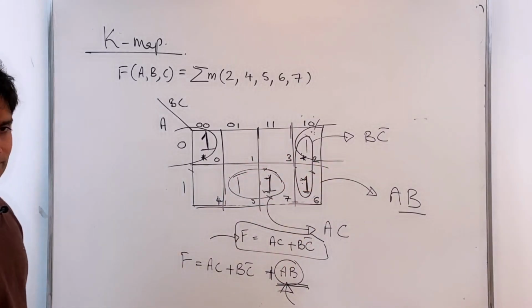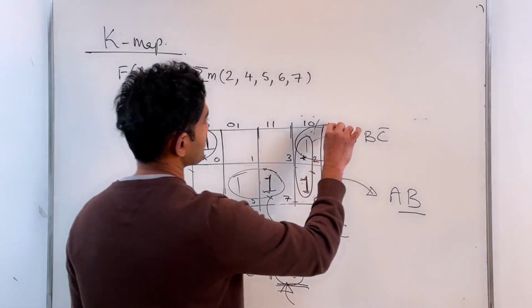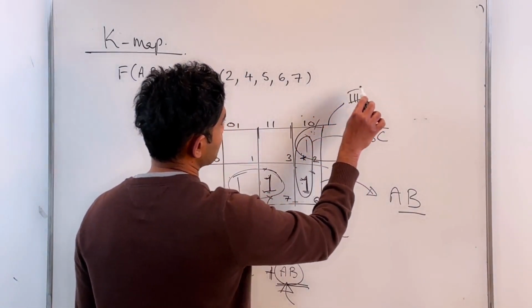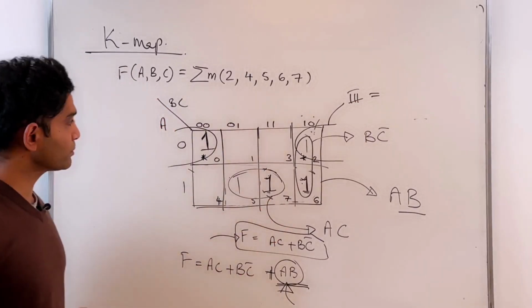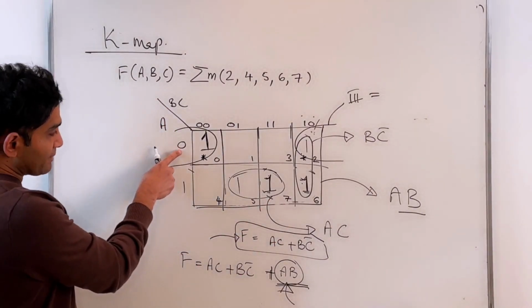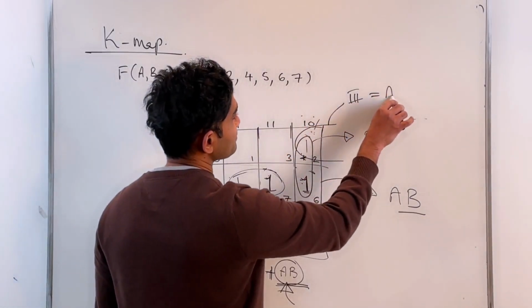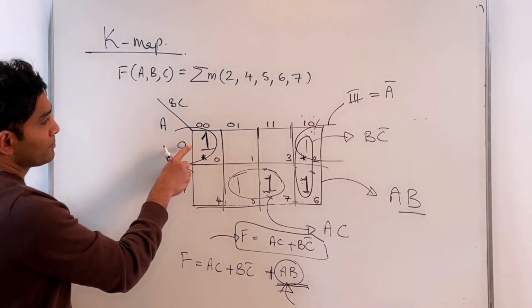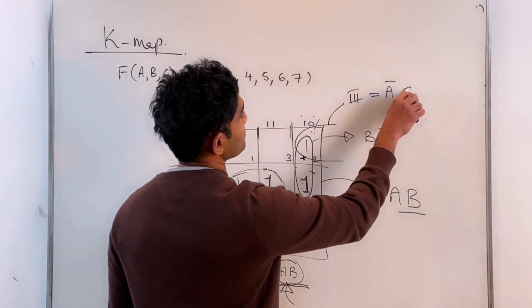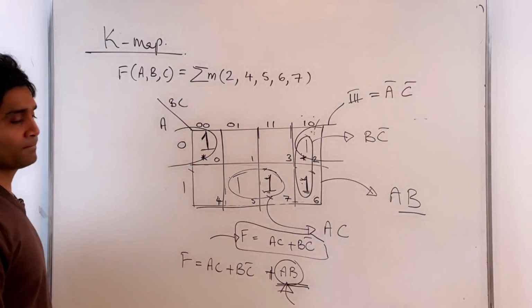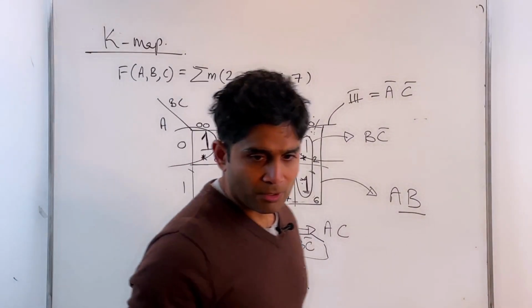Okay. Then let me call that 3. What is the product term corresponding to 3? Now, A doesn't change, so A prime remains, and C prime. C prime. That's it. Okay.